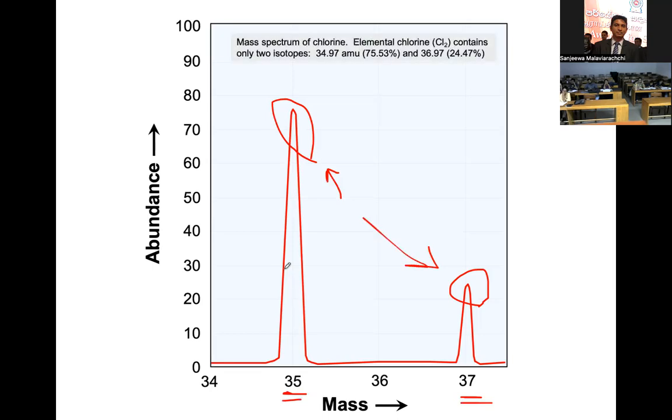So this is the mass spectrum, and this chlorine, even though we take Cl2, contains a mixture of two isotopes, and you have abundances like this, right? So these are resolved into two peaks. These are the two peaks given by the mass spectrometer.